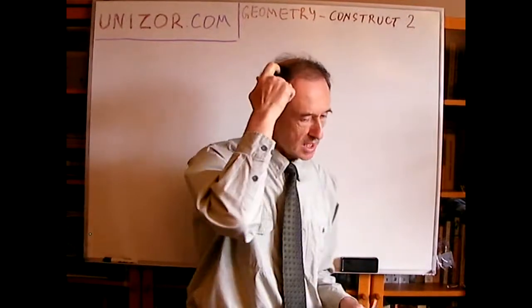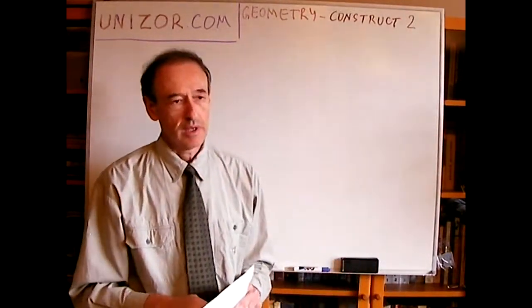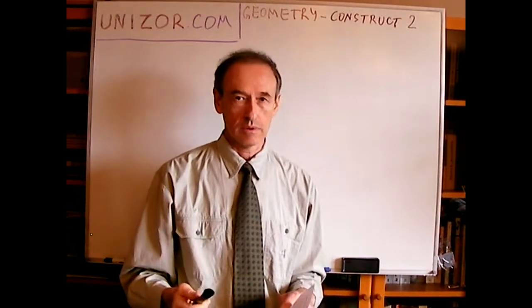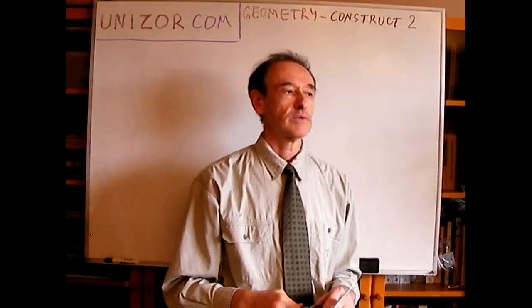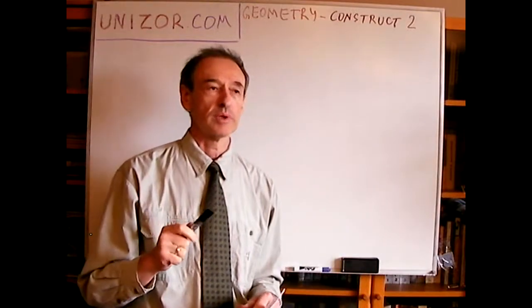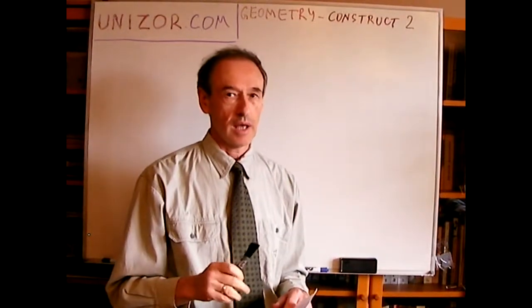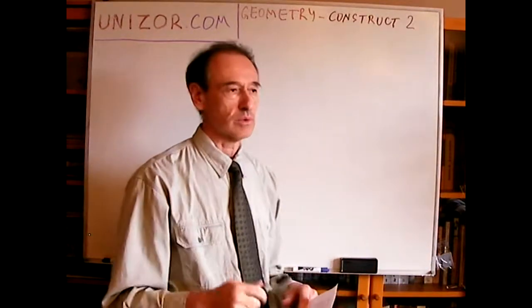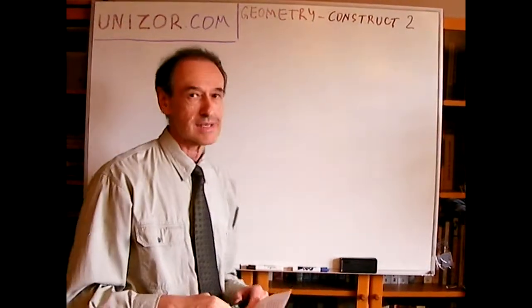By the way, some time ago I was talking about certain construction problems which can be solved using the ruler and the compass. And one of the examples of the problem which cannot be solved, and it's proven that it cannot be solved using the ruler and the compass, is trisection of the angle.